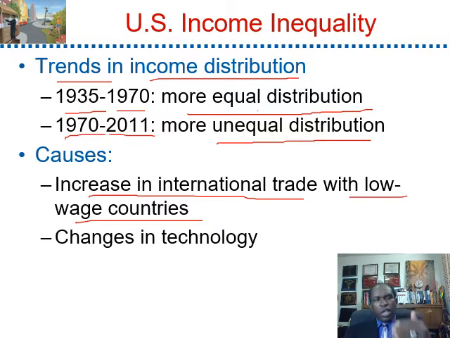The other reason is the change in technology. We had technological innovation in the 90s, which increased the income of businesses embracing technology and workers in those sectors dealing with the technology.